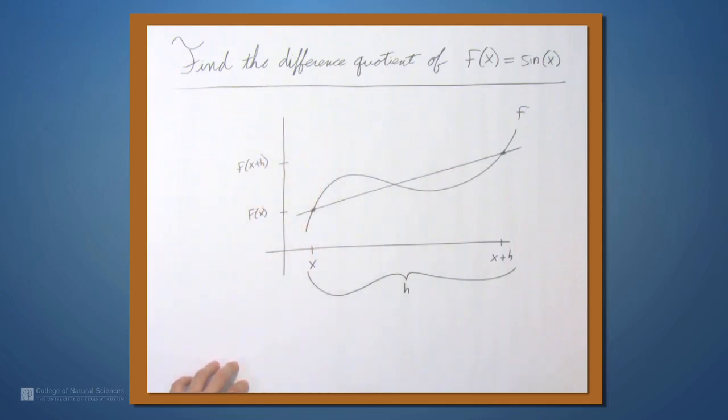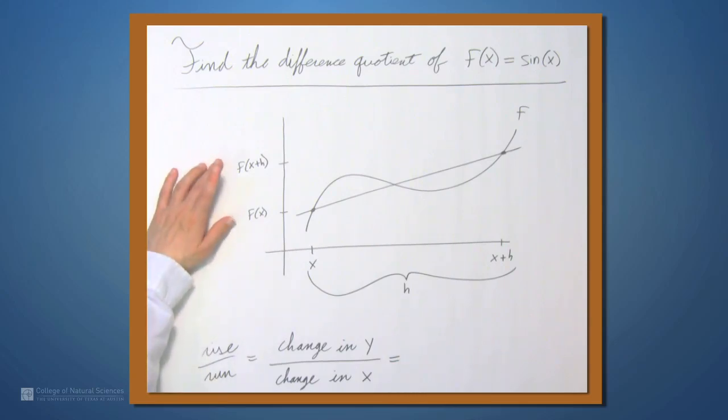The difference quotient is just the slope of this line. So the slope is rise over run, right? This is change in y divided by the change in x. And the change in y here is just the difference between these two things.